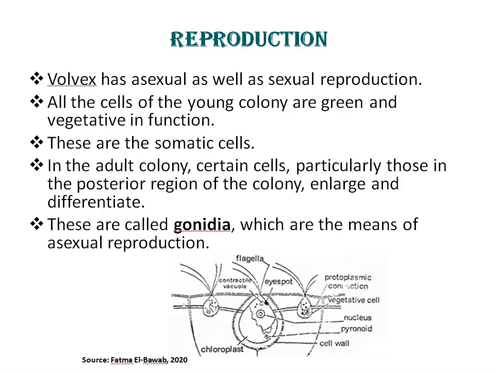Then, in each adult colony, a certain number of the cells, especially in the posterior part of the colony, enlarge considerably and function either as asexual or sexual reproductive cells. So these cells are recognizable by their large size. You can see here, large size, definite large nuclei, and more dense granular protoplasmic contents.